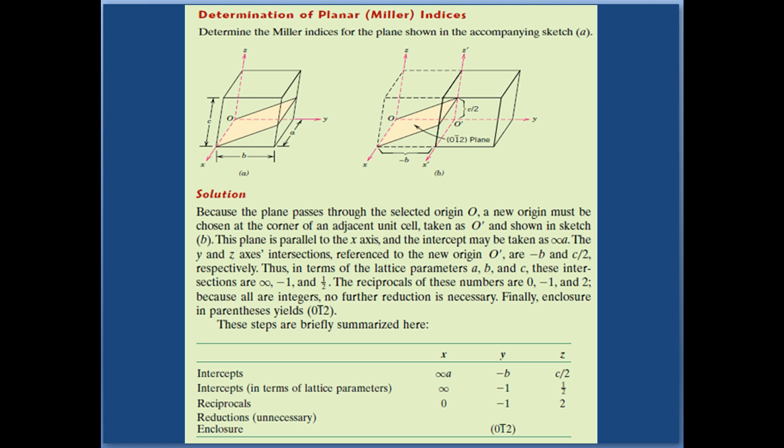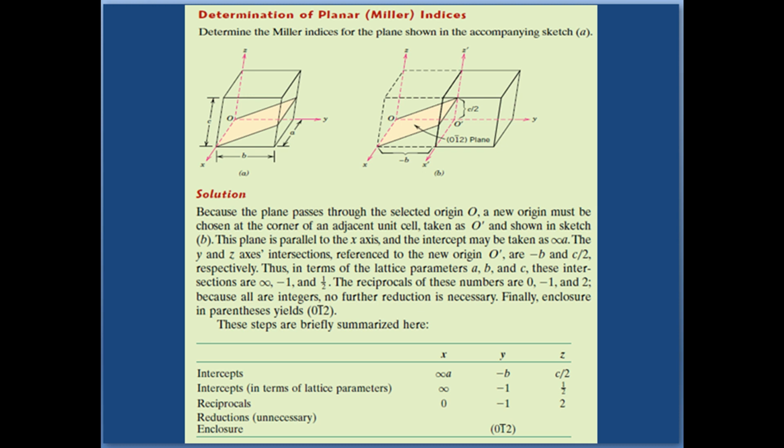It is our fourth step. And the fifth step is, finally, integer indices not separated by commas are enclosed within parentheses. Thus, we can write this as (hkl). This is the procedure we are going to utilize to solve this given problem.